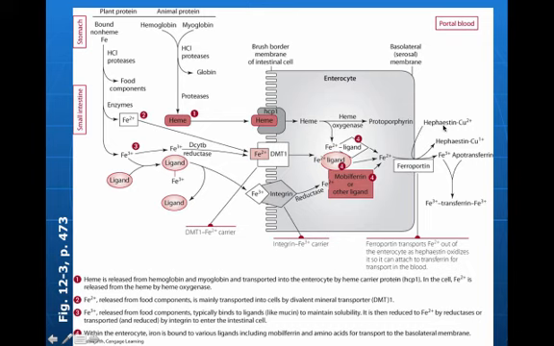The enzyme hephaestin is an enzyme that oxidizes iron as it's released from enterocytes. Hephaestin is a metalloenzyme. It uses a copper ion. So here's copper in its cuprous form, so it's +2, it's reduced copper. So it can actually oxidize iron. So it goes from +2 to +3.